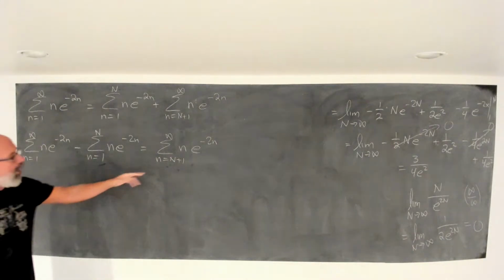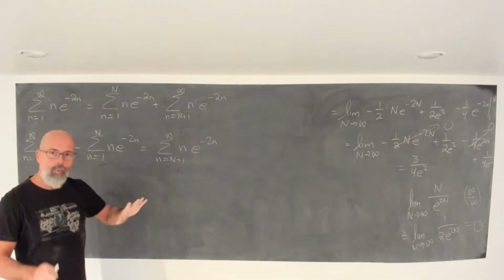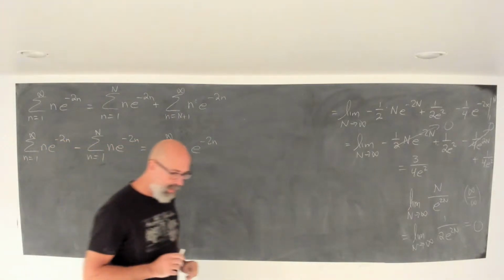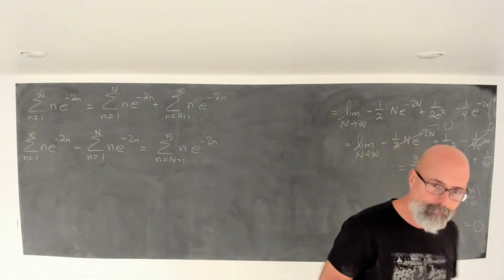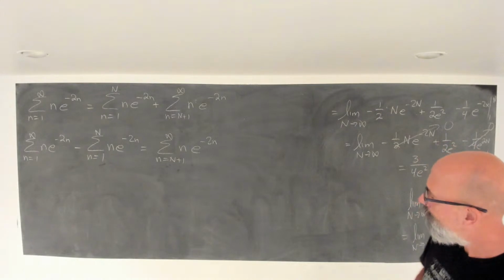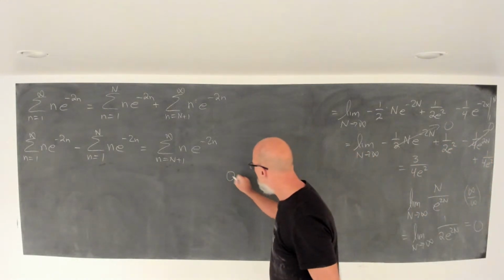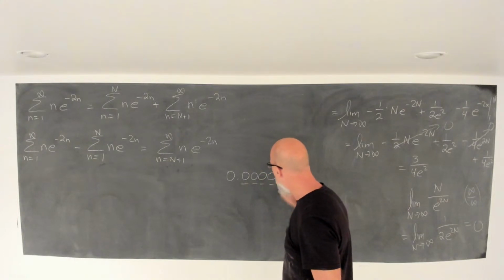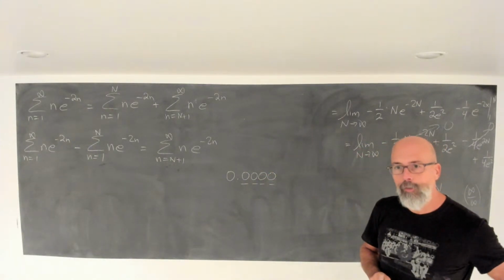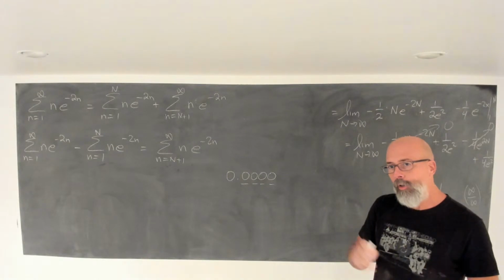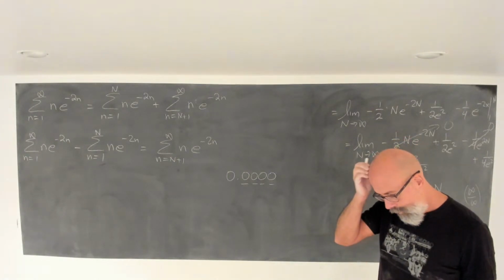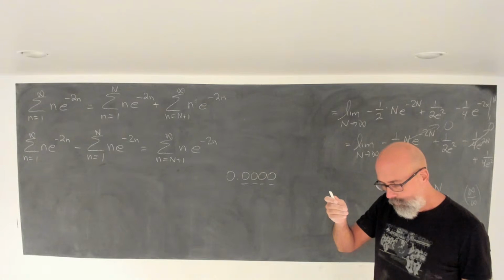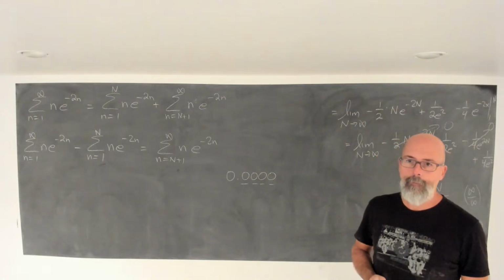Now we need the error. What do we want? We want the first 4 decimal places to be correct. What we're going to do, we're going to start somewhere.